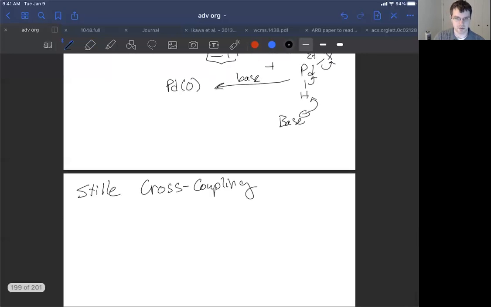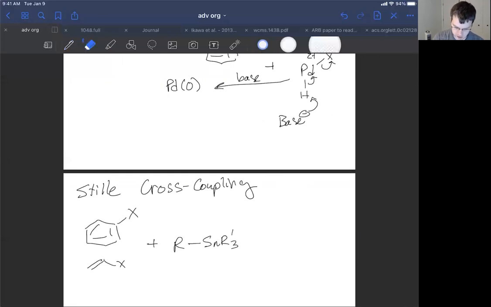So the Stille cross-coupling involves taking an sp2 hybridized organohalide, an X group, which is our halide, attached to either an alkene or a benzene ring. And we're going to mix that with, and let's go ahead and make our tin a tributyl, an organostannane, a tin reagent.